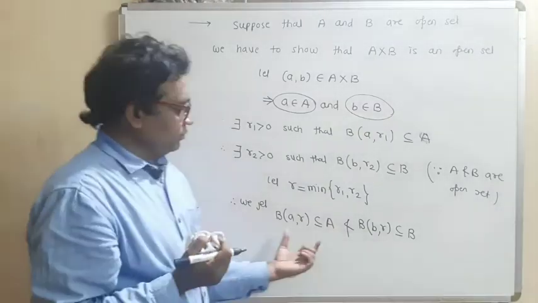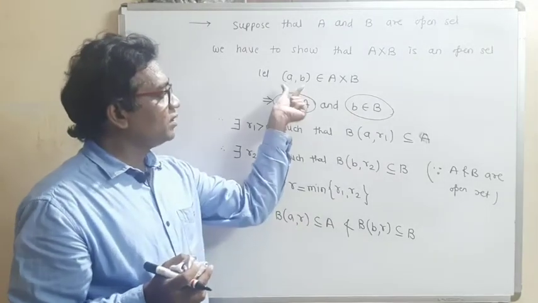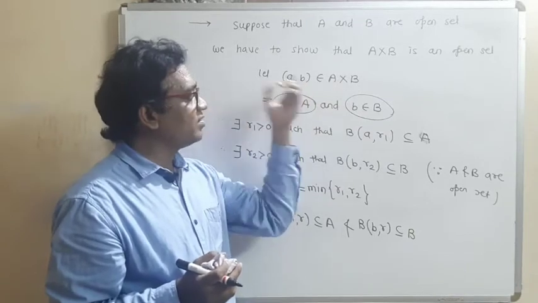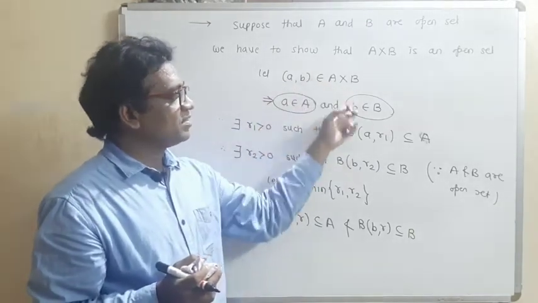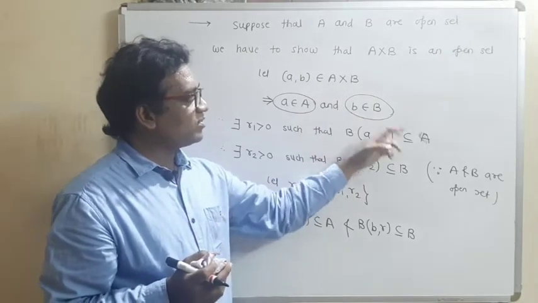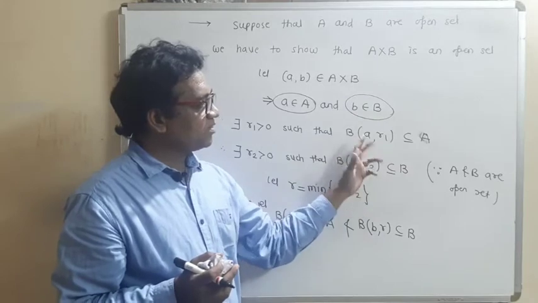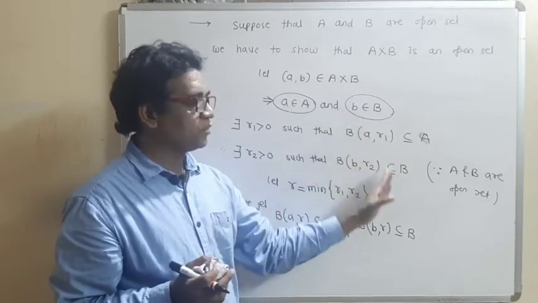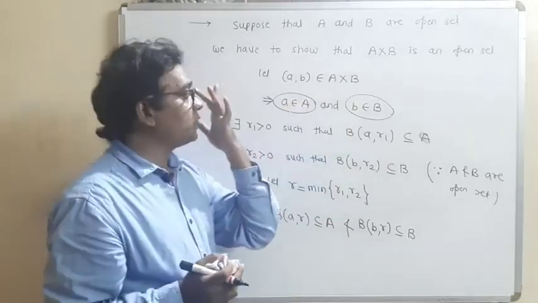So see, up till now we have shown that, first of all, take the ordered pair (a, b) belonging to A cross B. The element (a, b) being in A cross B means a is in the first set and b is in the second set. And because A and B are open sets, we can find open spheres such that one is a subset of A and the other is a subset of B. Now we want to show that this cross product is an open set.